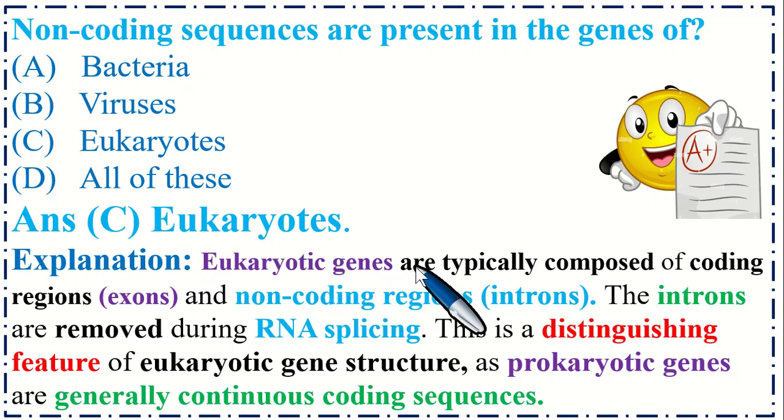Eukaryotic genes are typically composed of coding regions, also known as exons, and non-coding regions, introns. The introns are removed during RNA splicing. So this is a distinguishing feature of eukaryotic gene structure, as prokaryotic genes are generally continuous coding sequences.